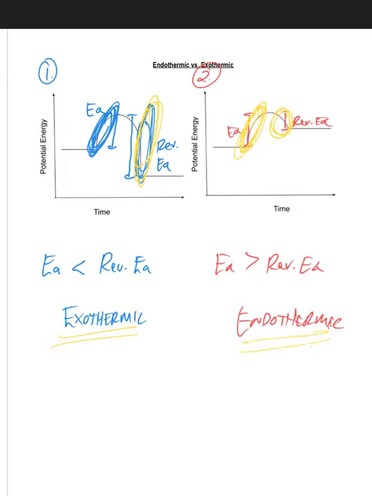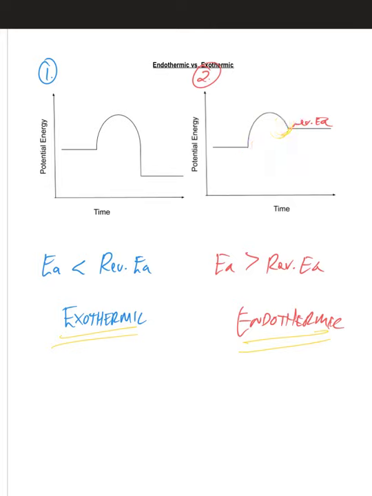Now, going along with those 2 points, we can also decide which bonds are stronger, the reactants or the products. Here are our reactants. Here are our products. And activation energy is how much energy is needed to break the bonds of the reactants, versus reverse activation energy is how much energy is needed to break the bonds of the products.